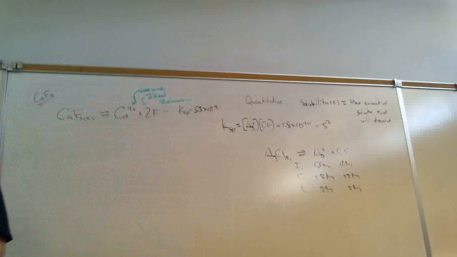Is that from our book? Yeah. Okay. Shoot. Wikipedia is way different. Wikipedia is 3.9 times 10 to the minus 11. I don't know, 25 degrees Celsius. I don't know who's right.